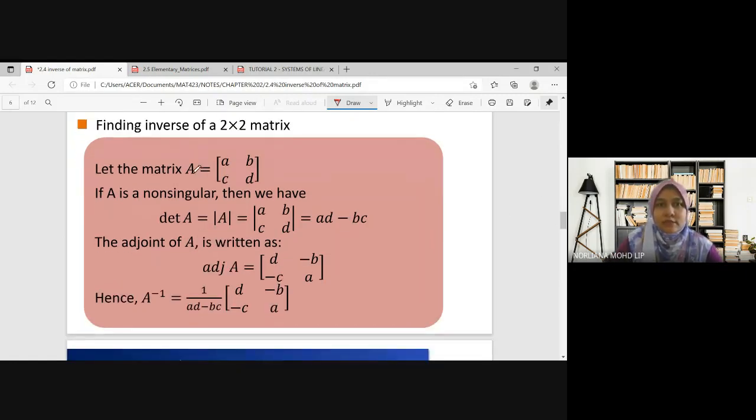Okay, if matrix A is equal to A, B, C, D. Okay, if A is non-singular or invertible, then we have determinant of A is equal to, ini the symbol of determinant, A, B, C, D. AD minus BC. Tadi dah saya sebutkan. This is the determinant of A. The formula to find the determinant of A. AD minus BC.